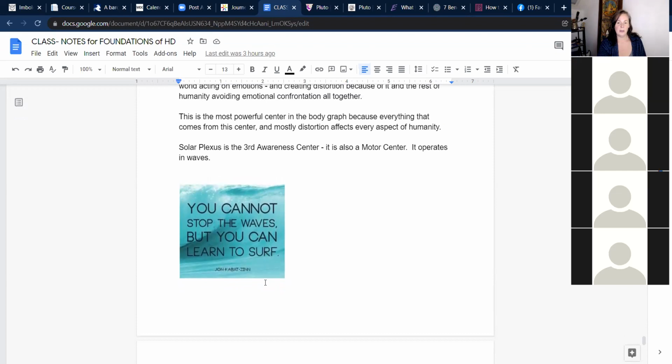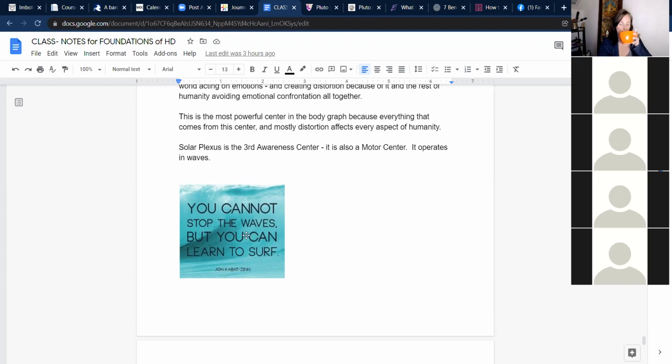But that's the thing, because with these waves, if you're emotionally defined, and even if you're undefined and you're around an emotionally defined person that's unaware of their emotional definition, it can feel like these waves are taking you down. Like these emotions are literally taking you out.